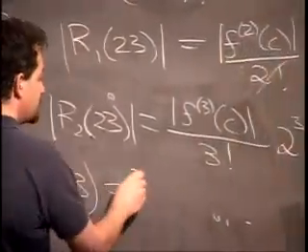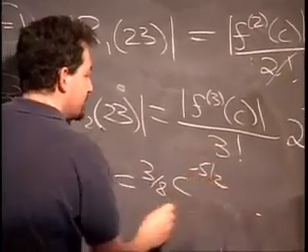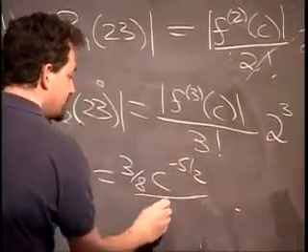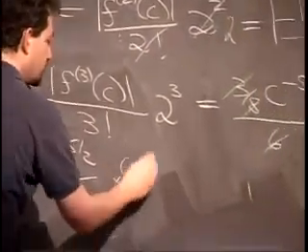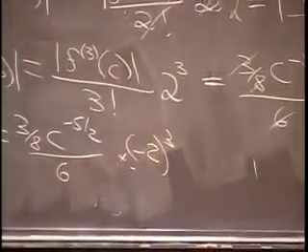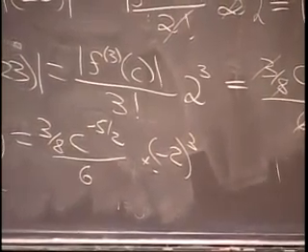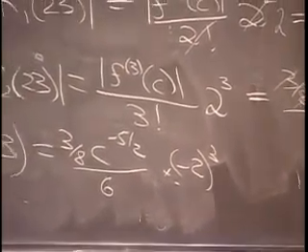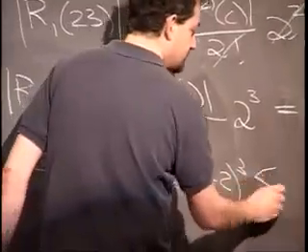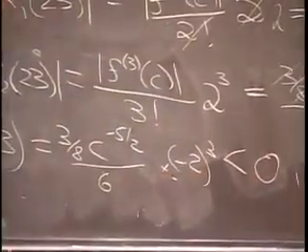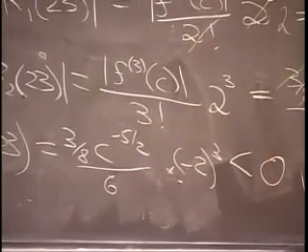It is indeed 3/8 c to the minus 5 halves over 3 factorial, times minus 2 cubed. So is that a positive quantity or a negative quantity? C to the minus 5 halves is positive. So this is negative because of the minus 2 there.